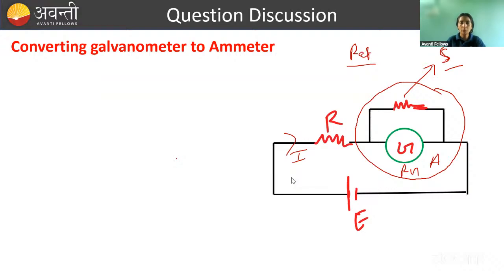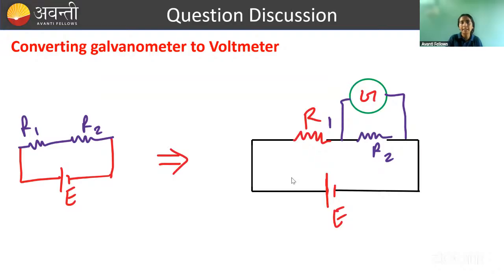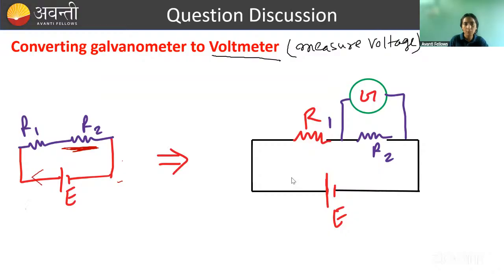ओके, now we will talk about voltmeter। वोल्टमीटर क्या है? वोल्टमीटर तुम्हारा it will measure voltage, so we can use galvanometer also to measure voltage। ठीक है, so वोल्टमीटर का मतलब क्या है? What it will do? It will measure voltage. Now let's say what we want to do is we want to measure voltage across R2। R2 के क्रॉस हम क्या करना चाहते हैं? वोल्टेज को मेजर करना चाहते हैं। So in this circuit if you calculate current का value, it is equal to how much? E by R1 plus R2, है ना। So this is the value of current. What is voltage drop across R2?